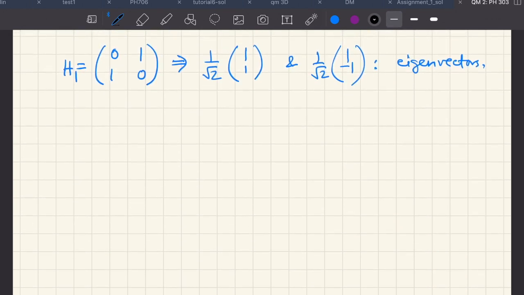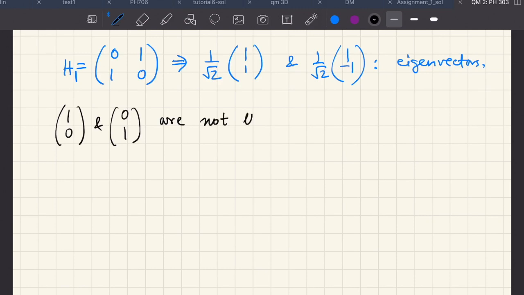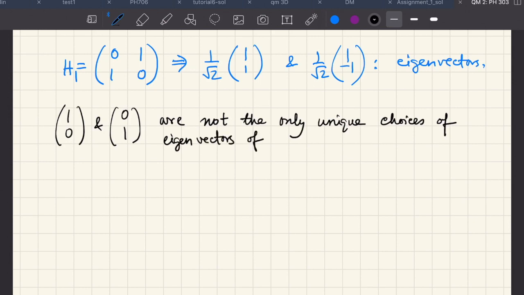So that is important. (1, 0) and (0, 1) are not the only unique choices of eigenvectors of H naught.